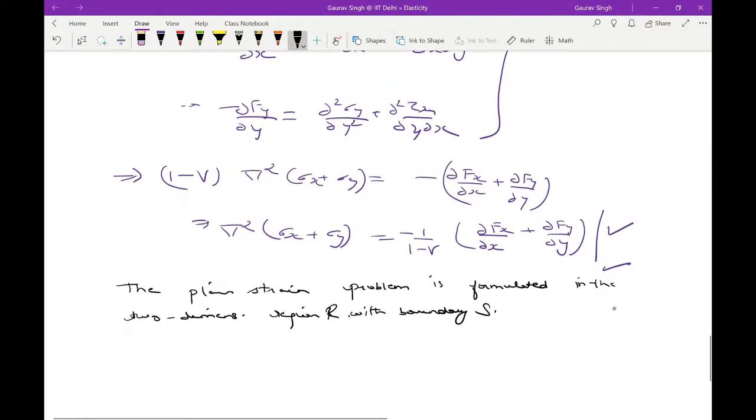So this 3D problem has been converted to a 2D one, and this is the region R, with X and Y.